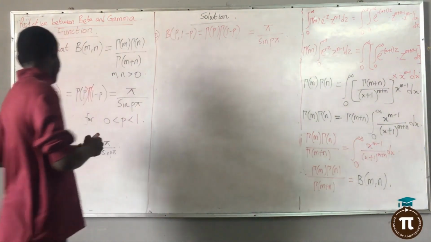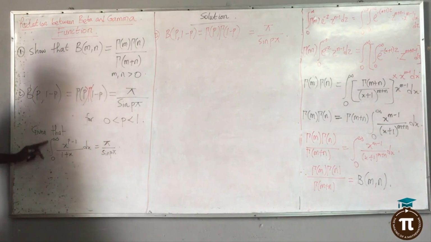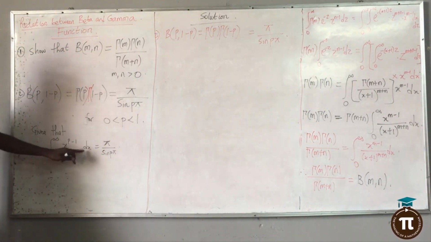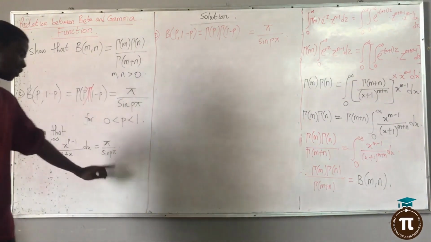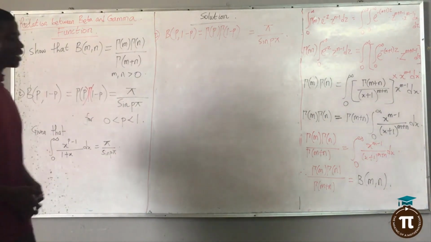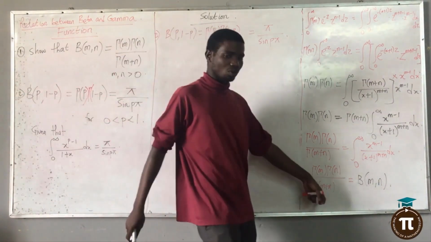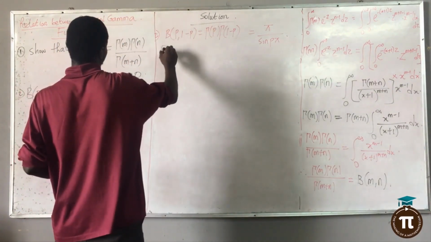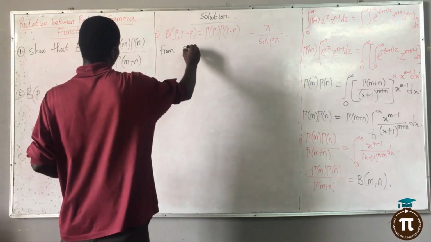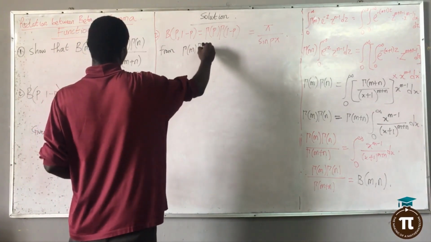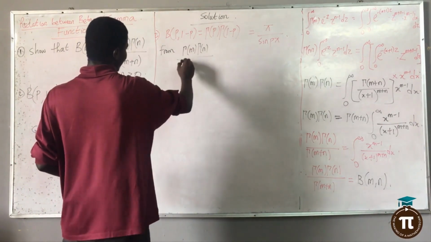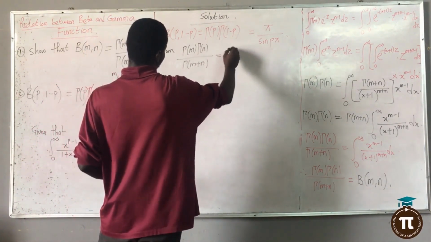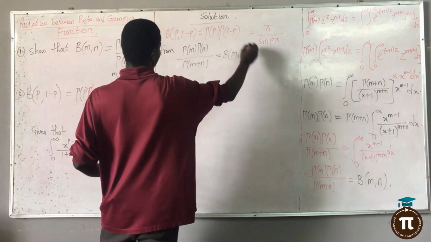And they ask us to use that, given that the integral from 0 to infinity of x raised to the power of p minus 1 over 1 plus x dx is equal to pi over sine p pi. So in this case, recall that gamma of m, gamma of n over gamma of m plus n is equal to beta of m comma n.